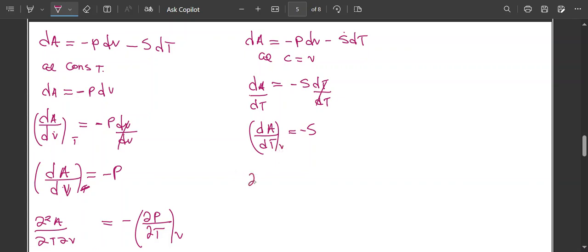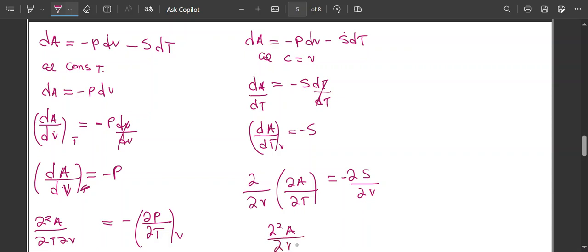So I'll say change of this function with respect to change in volume, it will be partial derivative of A over partial derivative of T. Then this will be negative partial derivative of S, then partial derivative of V. This and this, you can see they can multiply partial and partial. That will be partial squared A, then over partial V, again partial T, which is equal to what?